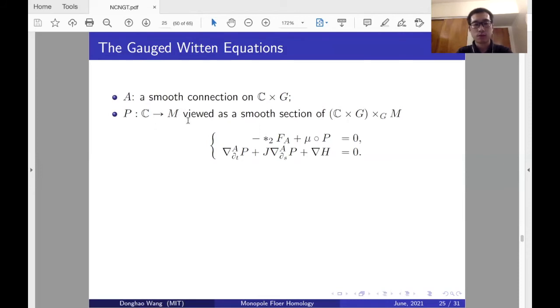But you should really regard this map as a smooth section of this trivial M bundle over C. So whenever we take derivatives of P, we should really take covariant derivatives with respect to this connection A. So the second equation here is just our Floer equation coupled with this connection A. And the first equation here is relating the curvature of A with the moment map.